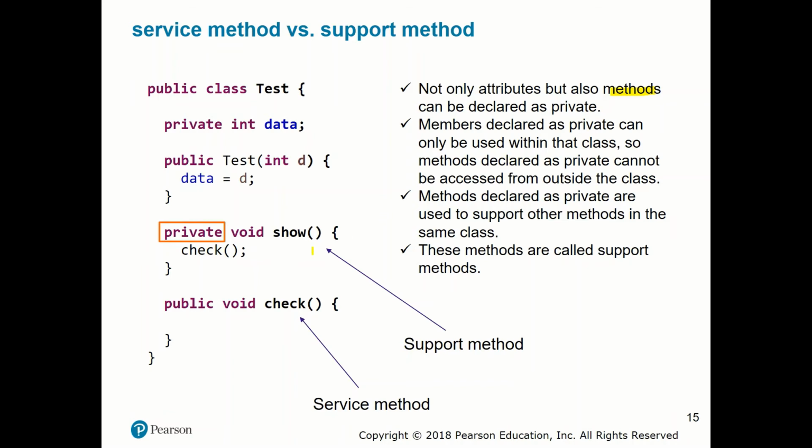So in this example, the show method is declared as private and the check method is declared as public. So the check method can be accessed from outside this class, but the show method cannot be accessed from outside. So the purpose of this show method is to support other methods in the same class. In this case, we call this kind of method a support method, and the public method is called a service method.